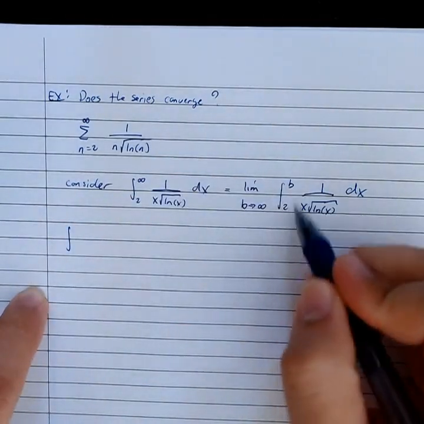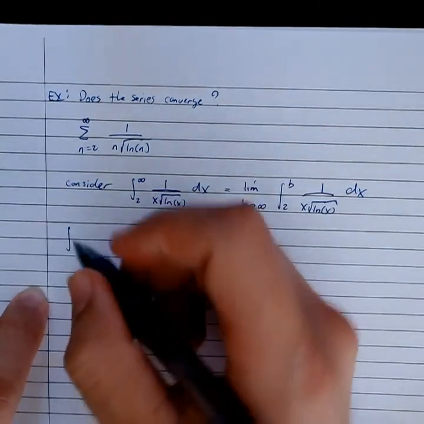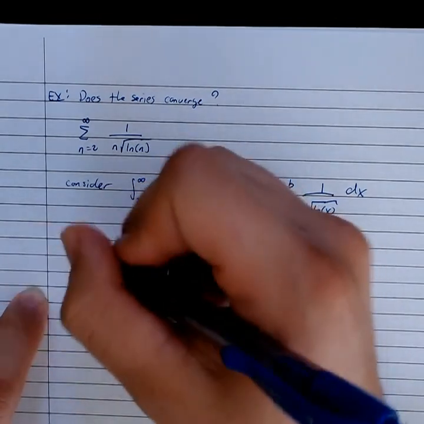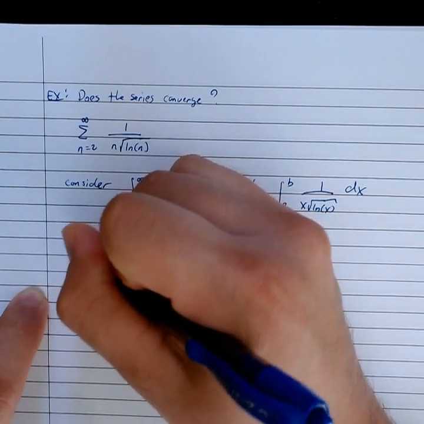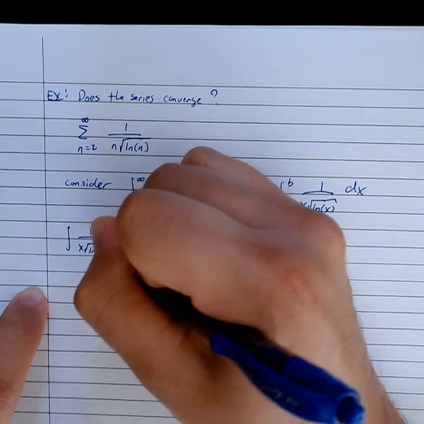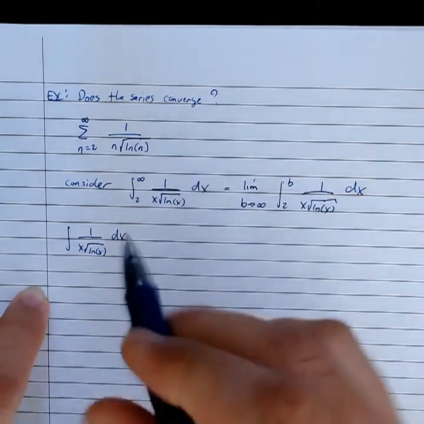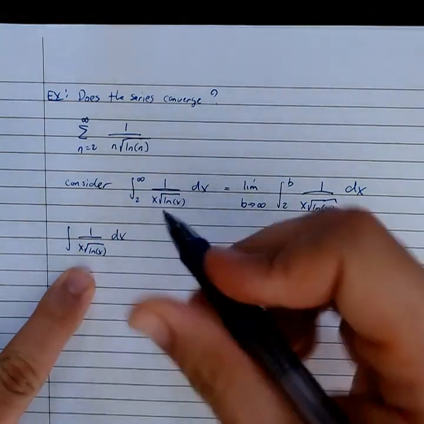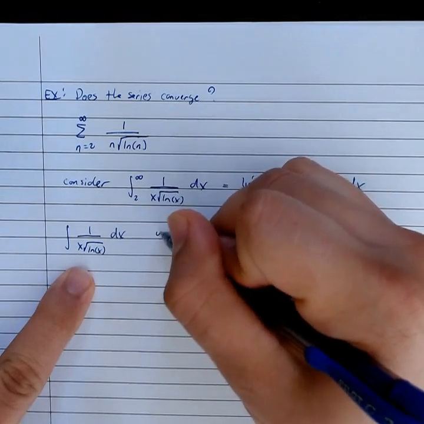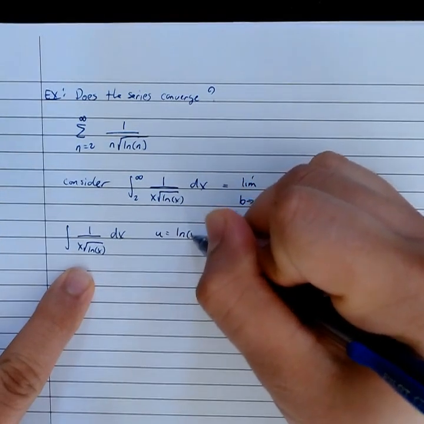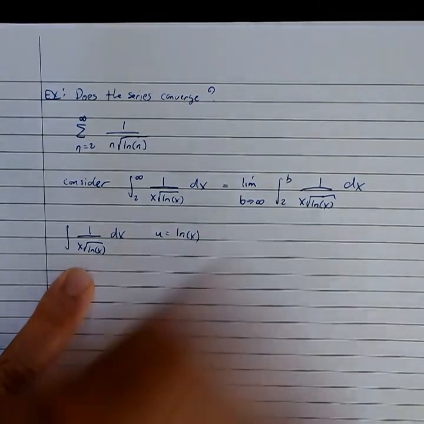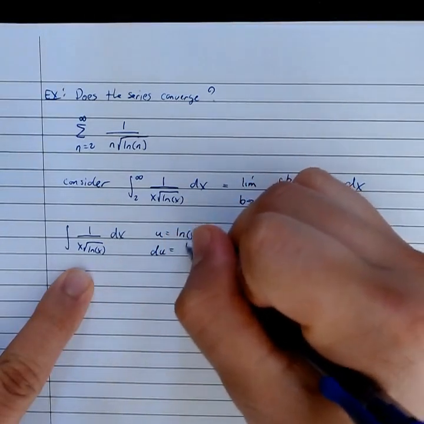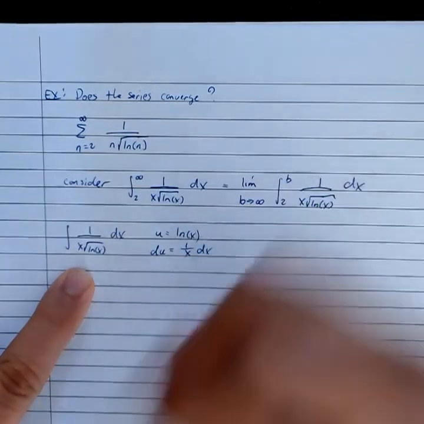Here, I'm not going to worry about boundaries for just a second. This is just a bit of side work. I'm going to take the antiderivative of 1 over x square root of the natural log of x dx. Here, let me take that as my u. So let's say u is equal to the natural log of x, which means du is equal to 1 over x dx.